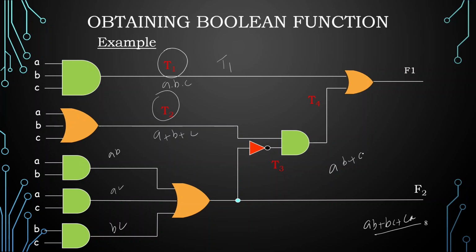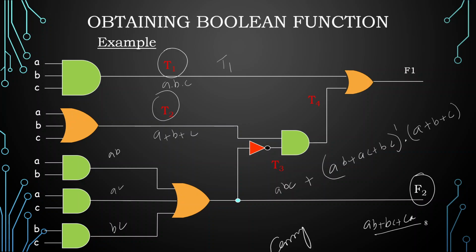It is (AB plus AC plus BC) bar ANDed with (A plus B plus C), which is ORed with ABC. If you look at F2, is it not the carry?